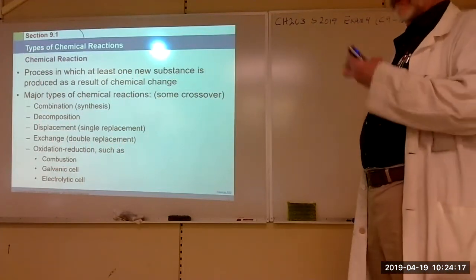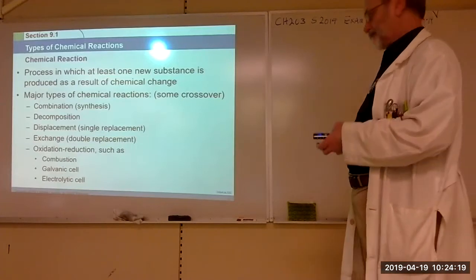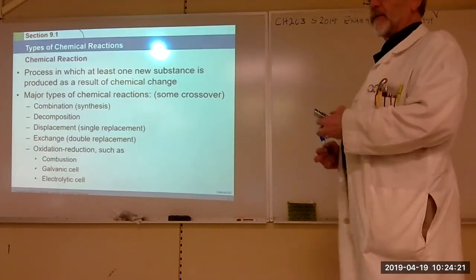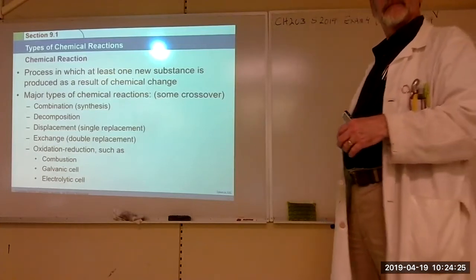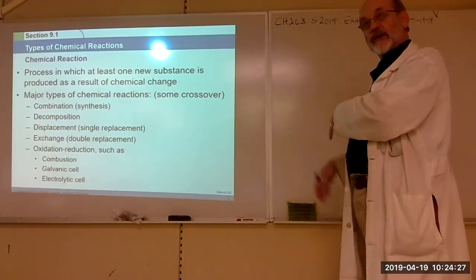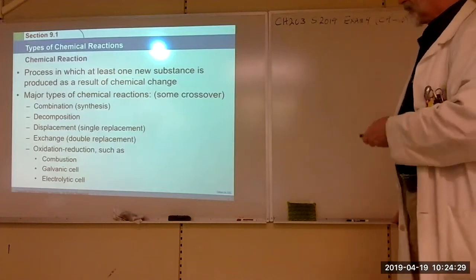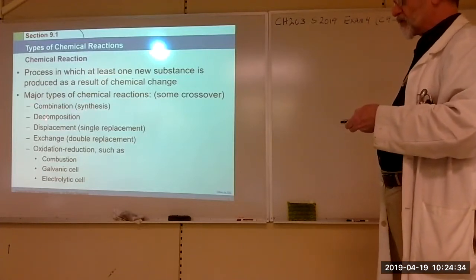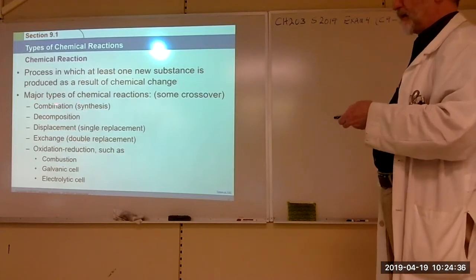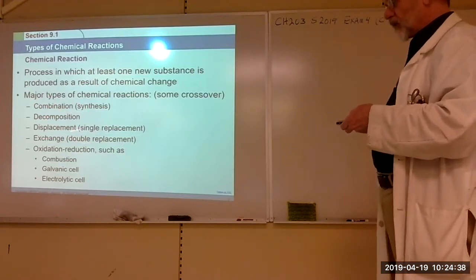Okay? Sometimes you end up with two new substances. Sometimes the players just swap places from the reactants to the products. And these are various descriptions of them. We're going to go through them one at a time, but we're going to focus on each one of these.